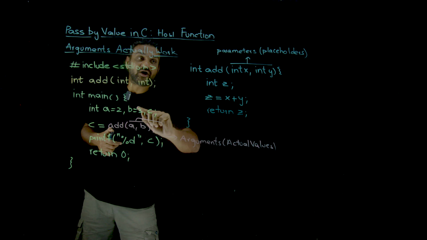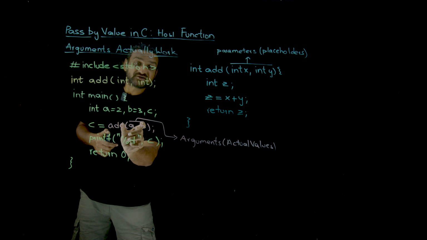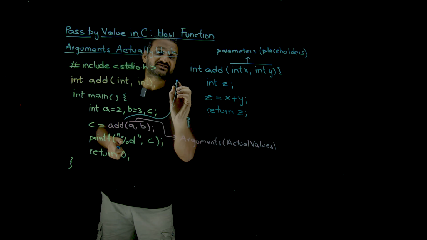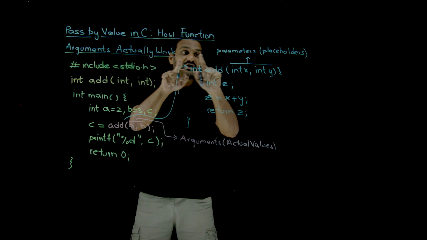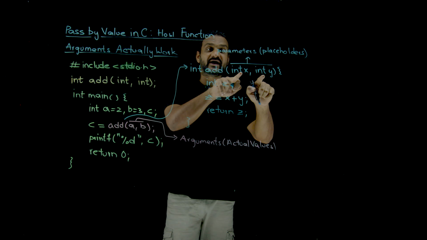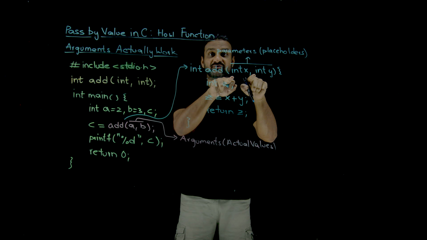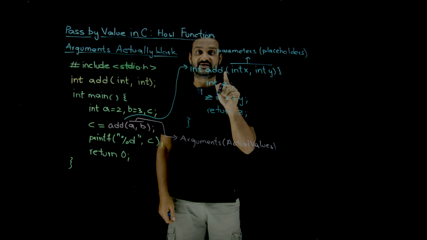So whenever these statements get executed, this function gets called. What happens is this function gets called and the values of a and b will get stored in the variables called x and y, and these variables which are mentioned in the definition of the function are called parameters or placeholders.